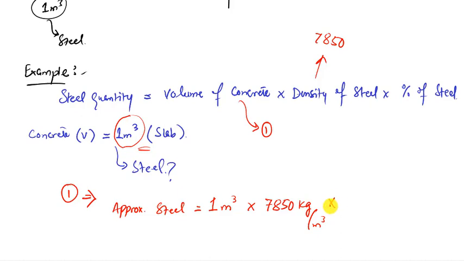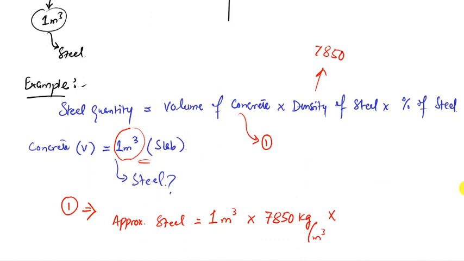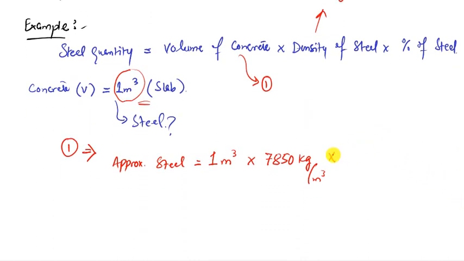This is the density of steel, and then we need to multiply the percentage of steel. For slab, we said that we consider 1% of steel, right? So 1% means 1 divided by 100. So solve this and you will get the approximate value of steel, which is 78.5 kgs per meter cube.